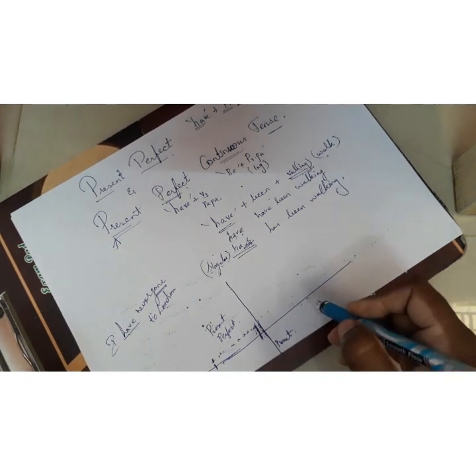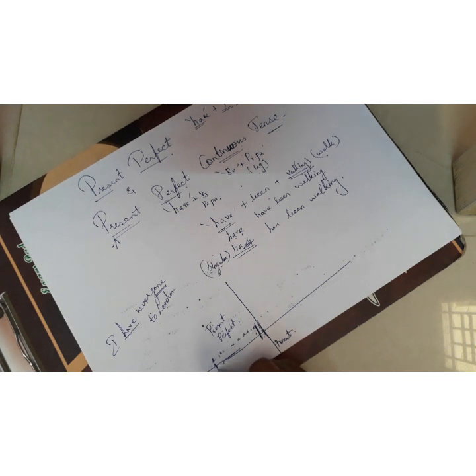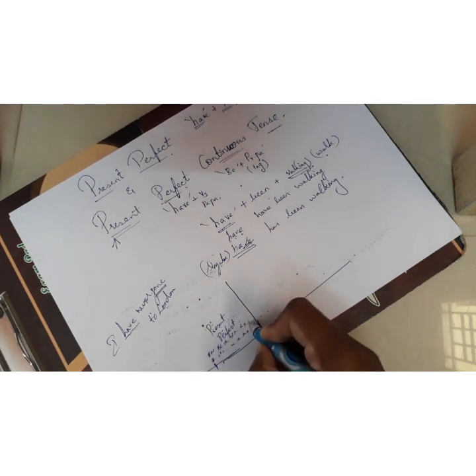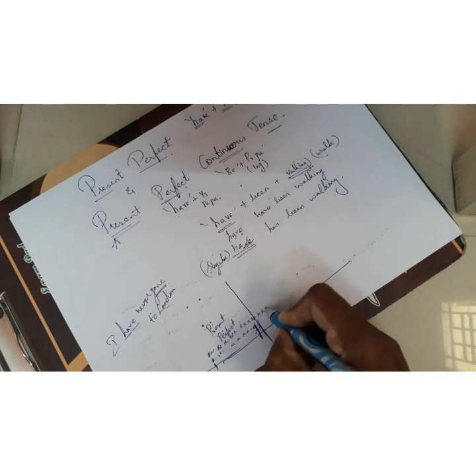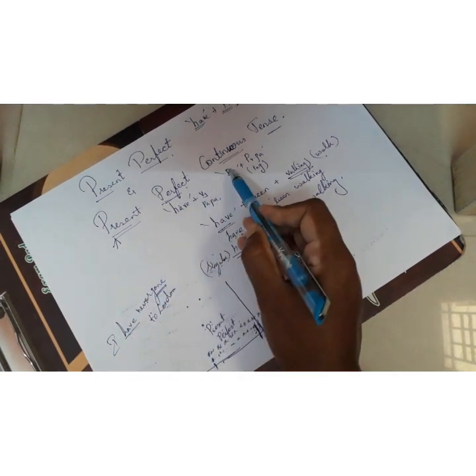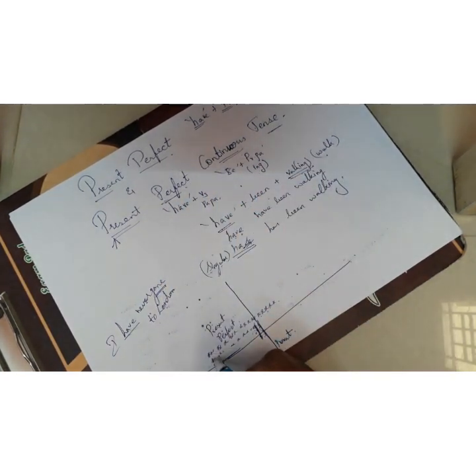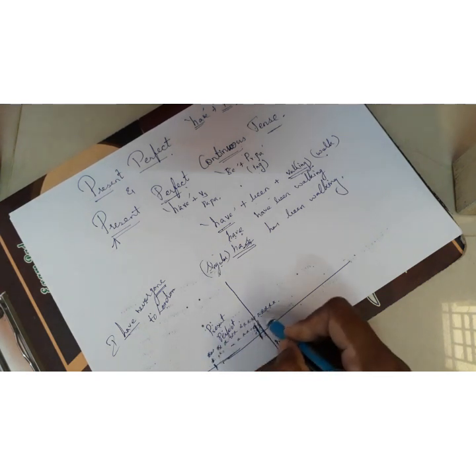And now present perfect continuous. What is present perfect continuous, my dear children? It also starts in the past and it's still continuing. In the name itself we can understand, perfect continuous means it's still continuing.